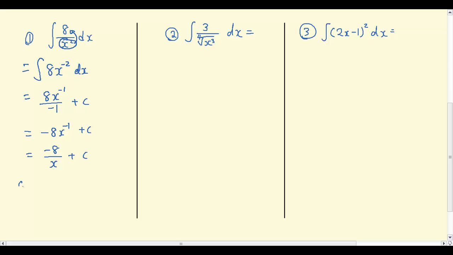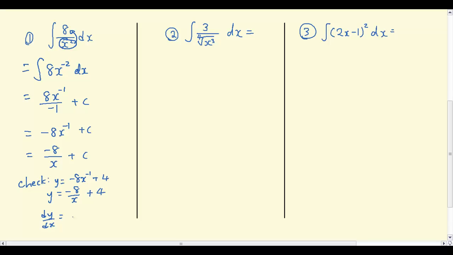And if you want to check whether you have done it right, you can differentiate it again. So if y equals -8 over x plus a random number, any number you want for c, let's say 4, then dy over dx, which is the derivative of y, will give you, or firstly I'm going to change the y to -8x to the power of -1 plus 4.